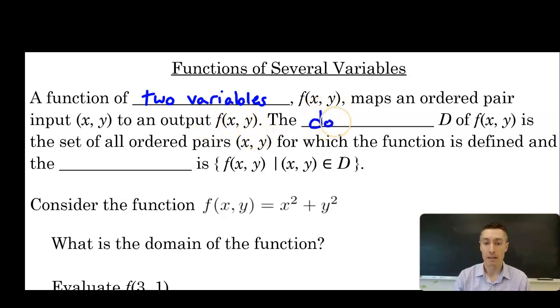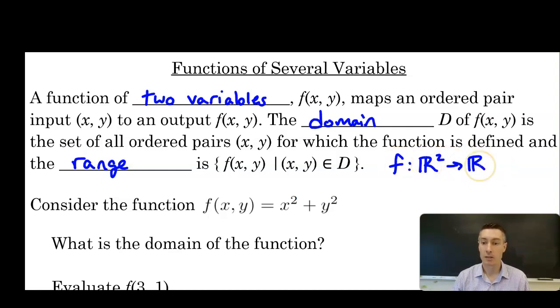The domain D of a function f of x y is the set of all ordered pairs x y for which the function is defined, and the range is the set of outputs f of x y such that any input x y is in the domain. Another way you can see functions expressed is with a function mapping. So that would be a function f which maps, let's say, 2 space to the reals.